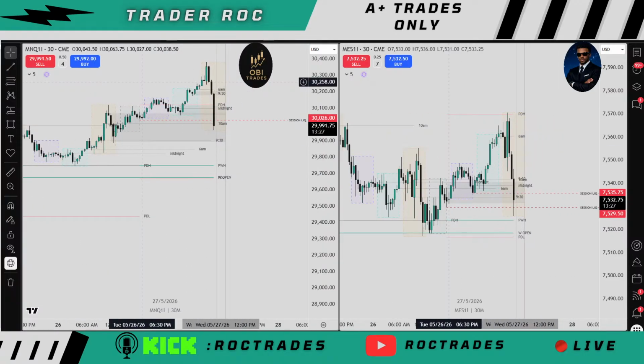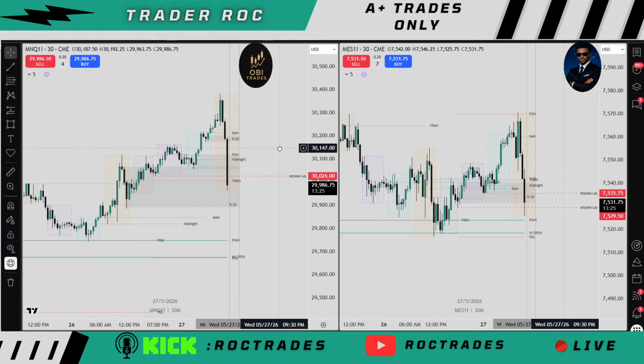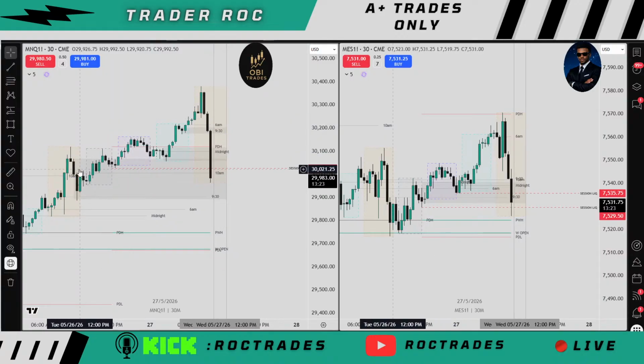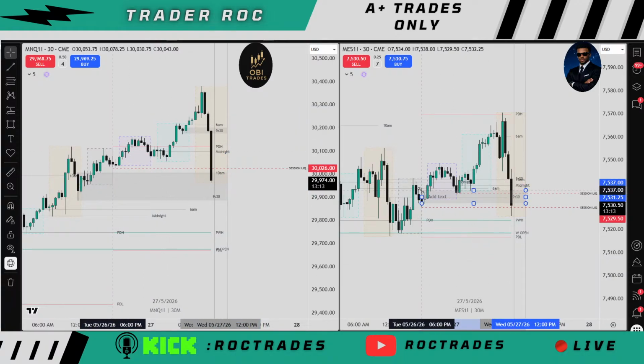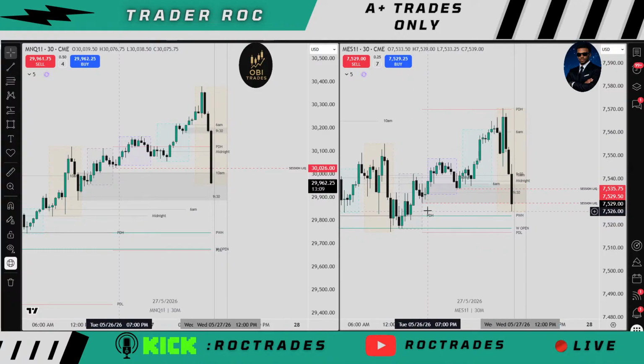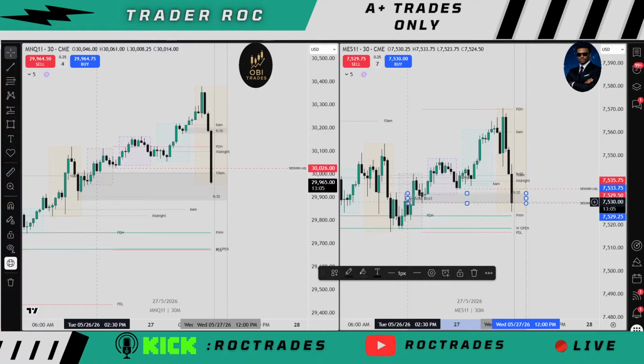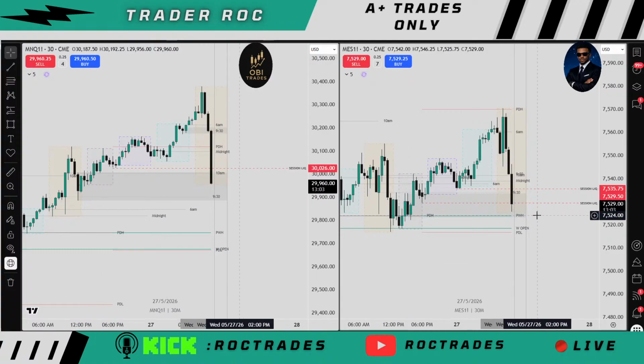But yeah, let's start narrowing this down, right? So we can start flattening a lot of these gray zones so we can focus on specific order blocks. This one's already broken. This Asia order block here seems to be giving at least some sort of rejection, but I like this PM session OB here from ES.